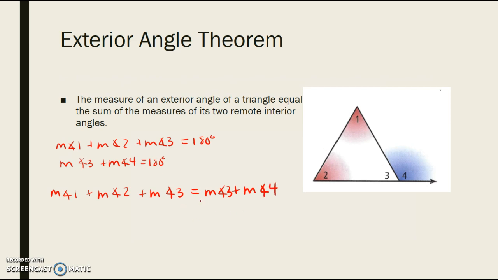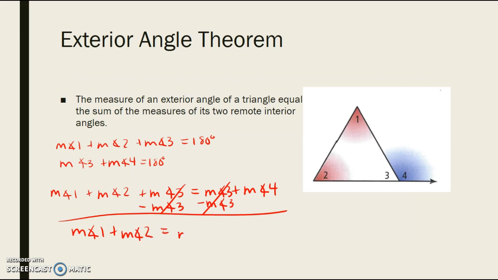And then if I subtract the measure of angle 3 from both sides, we are left with the fact that the measure of angle 1 plus the measure of angle 2 is equal to our measure of angle 4.